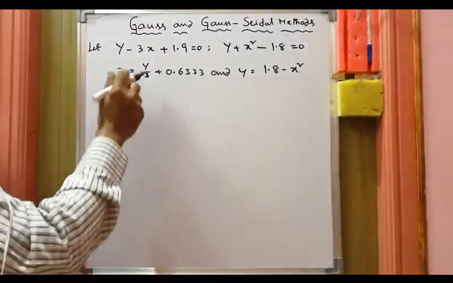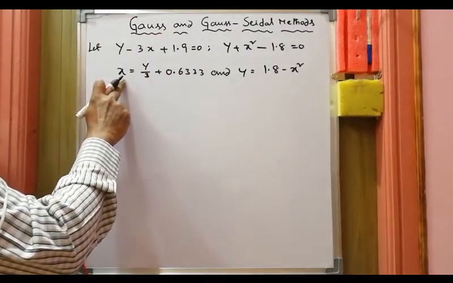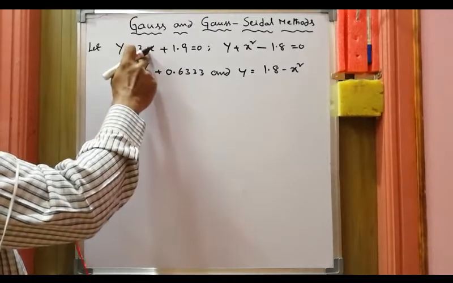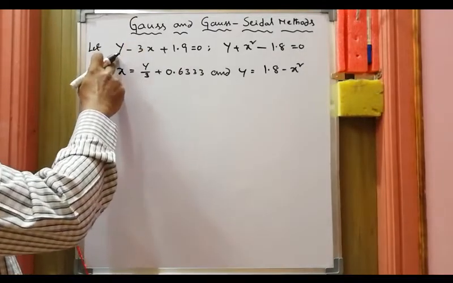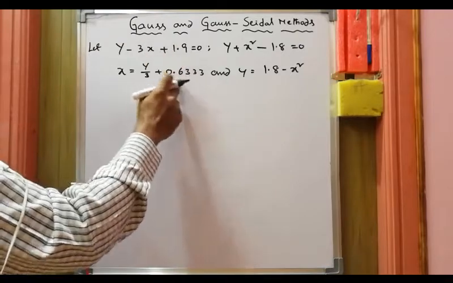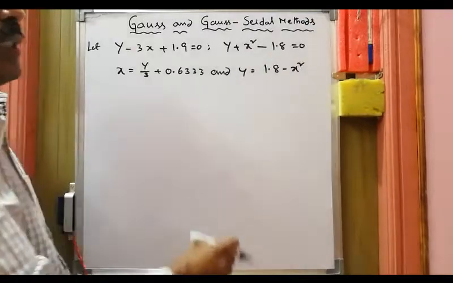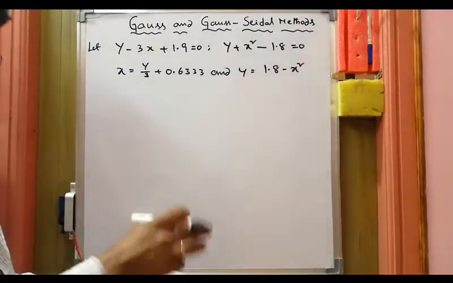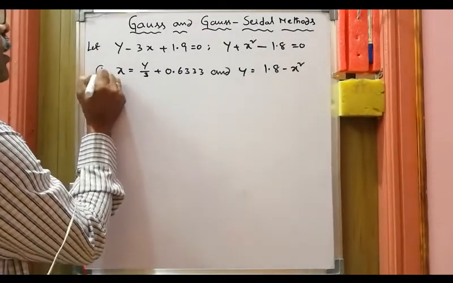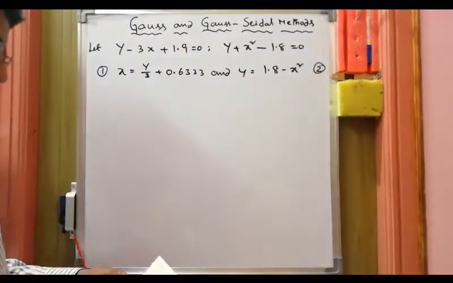Okay, so you see, in the first equation we are taking out x, so 3x is 1.9 plus y, or x is y by 3 plus 1.9 by 3, that is this. Likewise here y is 1.8 minus x square. So let me mark these as 1 and 2, first and second equations.